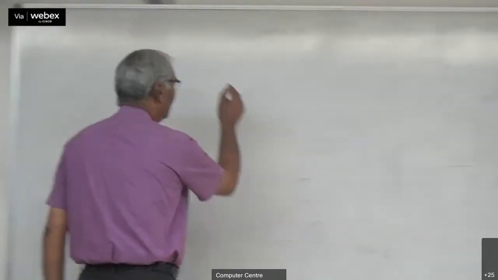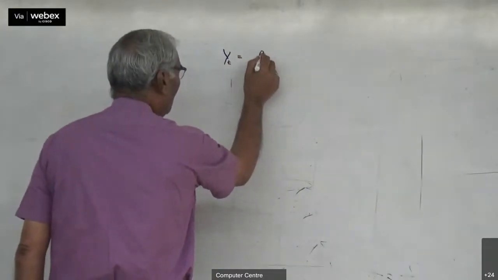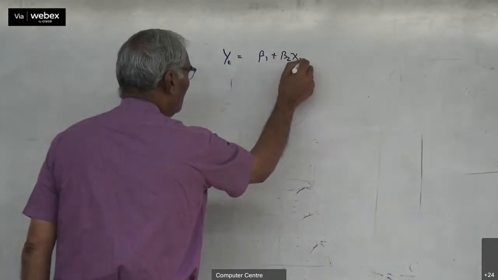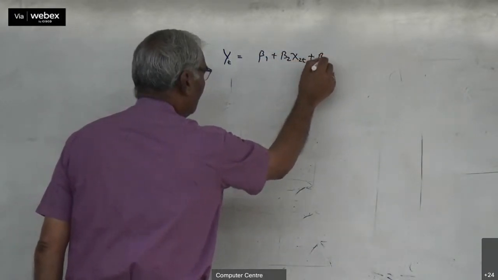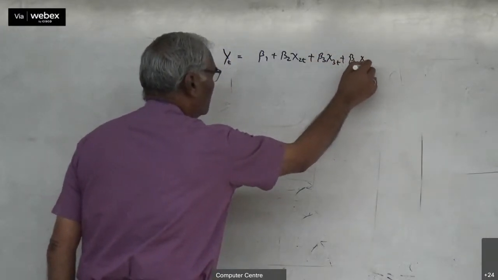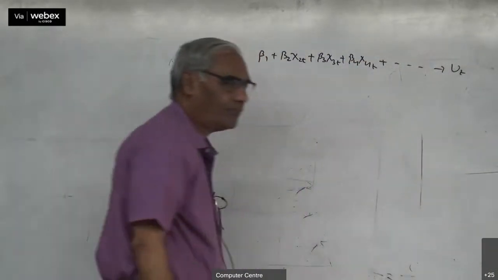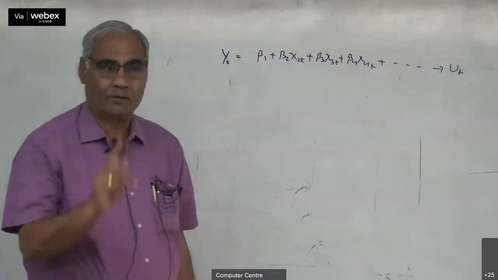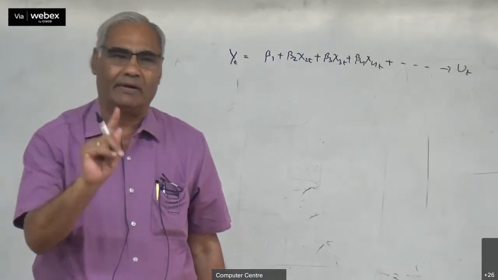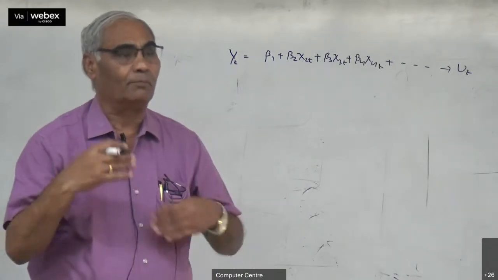So multiple linear regression means we have a dependent variable yt is equal to beta 1 plus beta 2 x2t plus beta 3 x3t plus beta 4 x4t plus so and so on plus ut. Means there is only one dependent variable. In all regression analysis, dependent variable is one, but independent variable may be one or more than one.